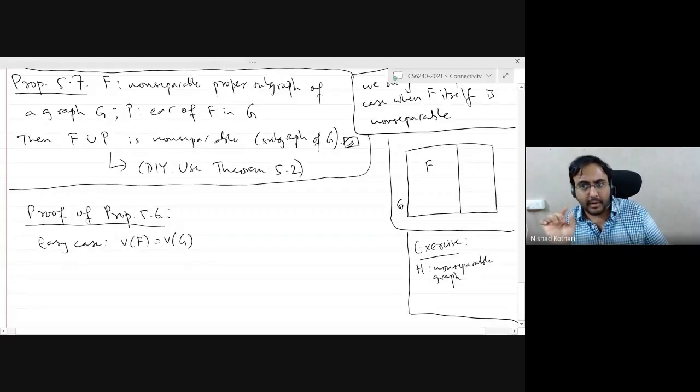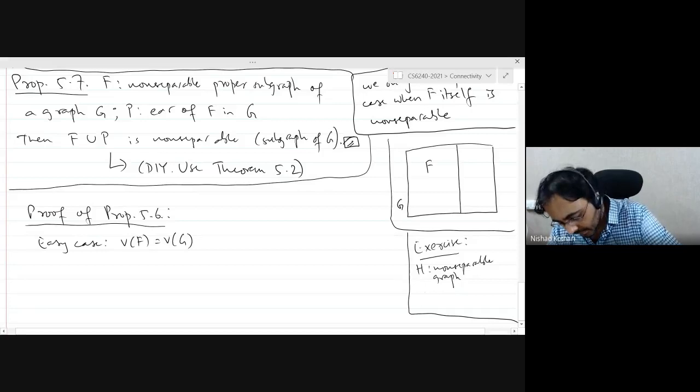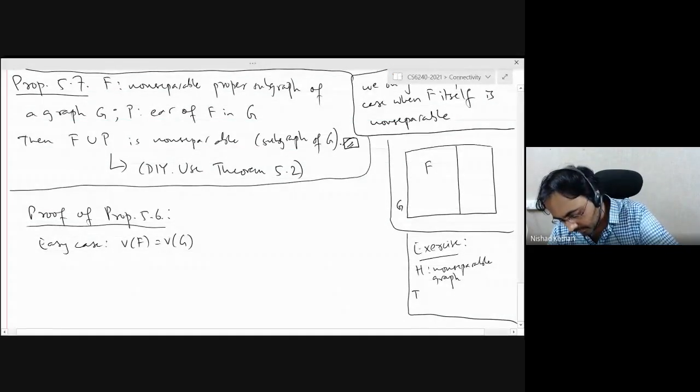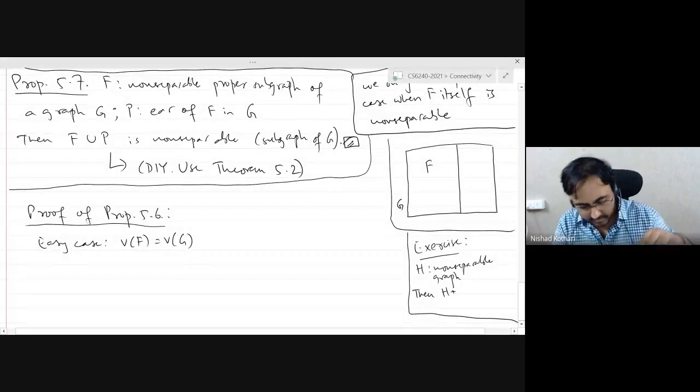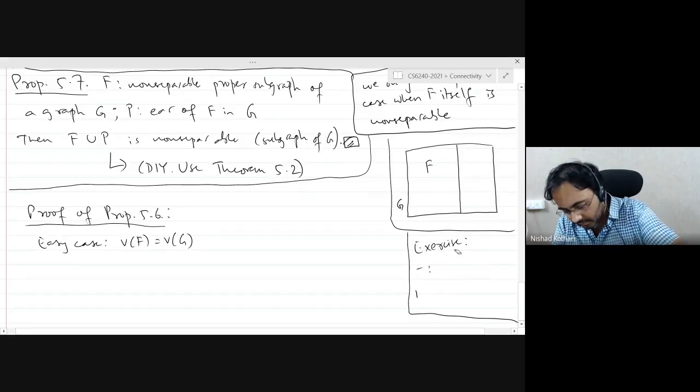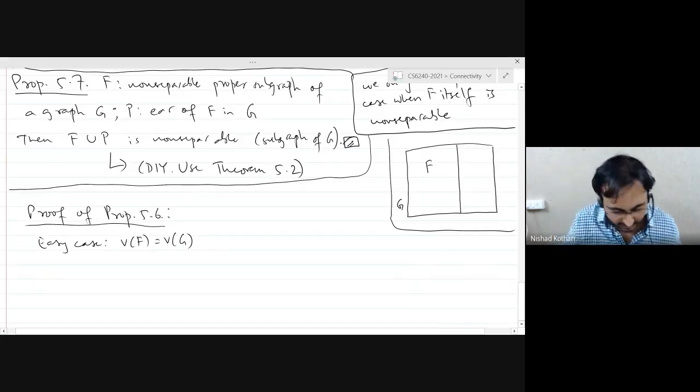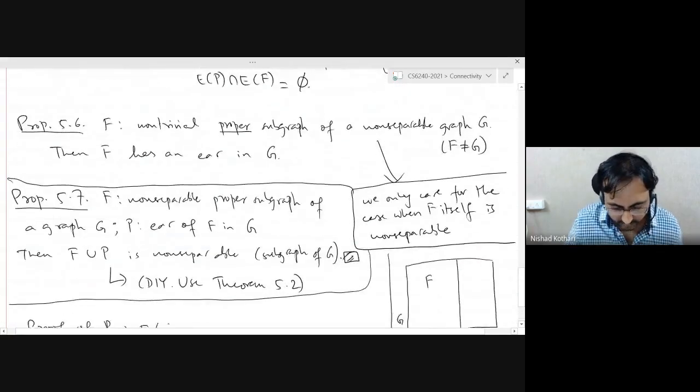It is an edge that is not a loop. Okay. Then the resulting graph will be non-separable. Then H plus XY, actually, do we need this? Sorry, we don't need this. We are not trying to prove Proposition 5.7. Sorry, we don't need this, my bad. Yeah, we are trying to prove Proposition 5.6. Okay, so that just requires proving that there is an ear.